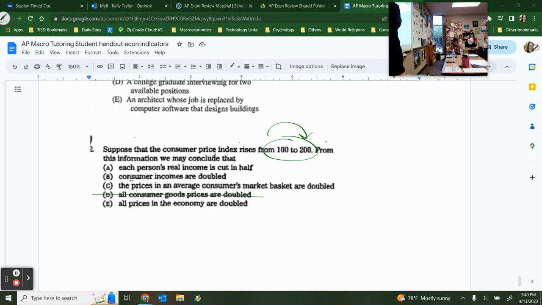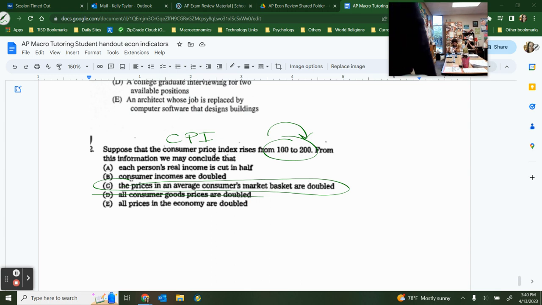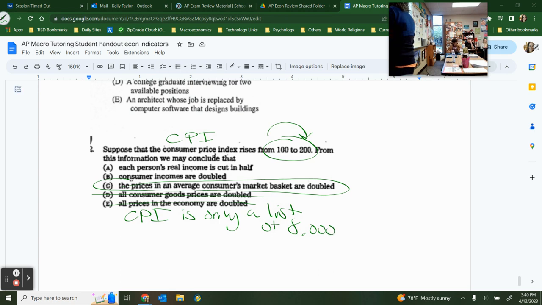The CPI only measures a list of things, roughly 8,000. So it is the market basket price that has doubled.